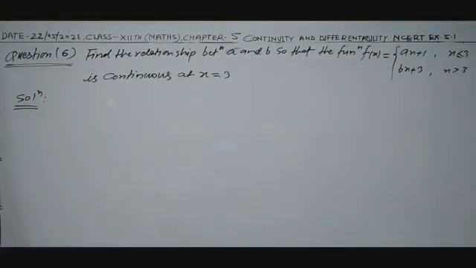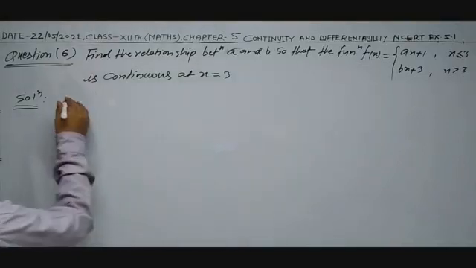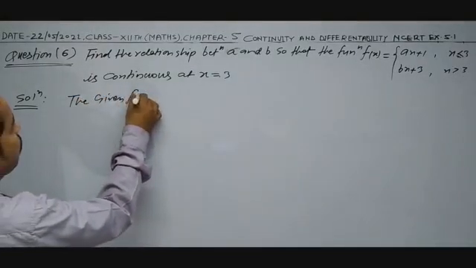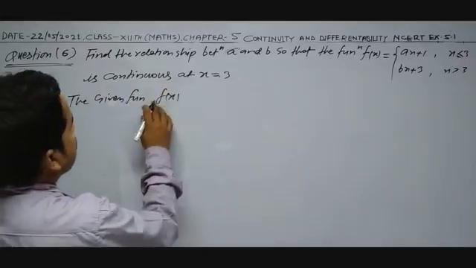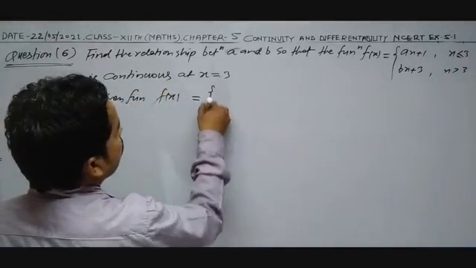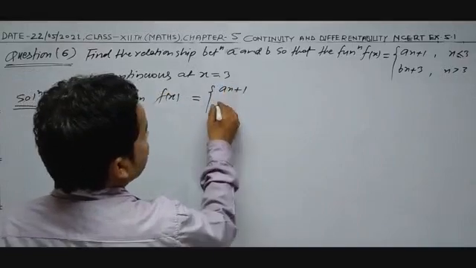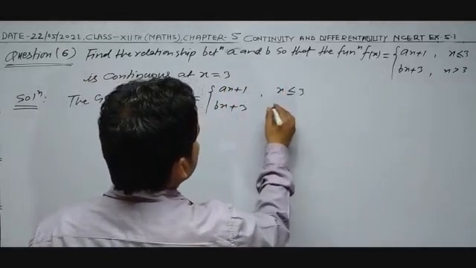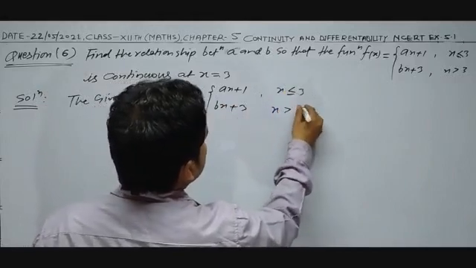See, the given function f(x) is equal to ax plus 1 for x less than 3, equal to something at x equal to 3, and bx plus 3 for x greater than 3.